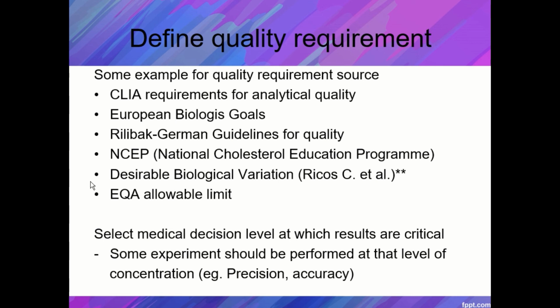Usually in Malaysia we use this most, and the EQA allowable limit. Then we need to select medical decision levels at which results are critical, such as the level where the doctor defines normal or abnormal or a critical phase. Some experiments should be performed at that level of concentration, such as the experiments for precision and accuracy.